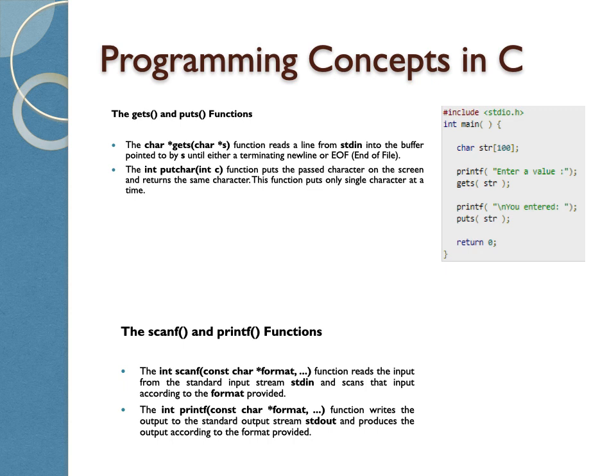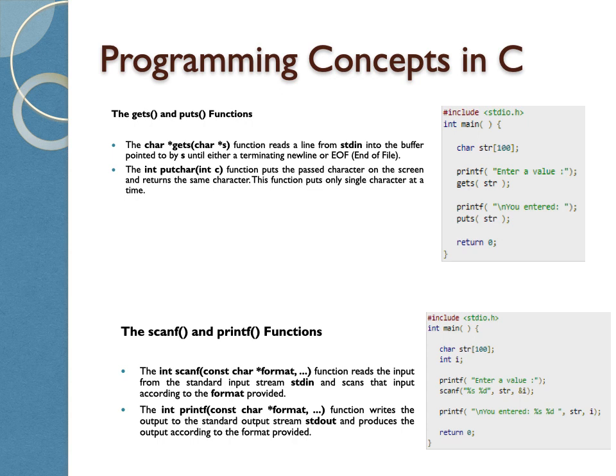The scanf function is used to read characters, strings, and numeric data from the keyboard. The user enters a string or any value, and it is assigned to the variable whose address is passed to the scanf function. Look at the program. In this program, two variables are declared, str and i. The str variable is declared as an array of type character, and the i variable is declared as an integer. These variables are unknown, so we need to input their values at runtime.